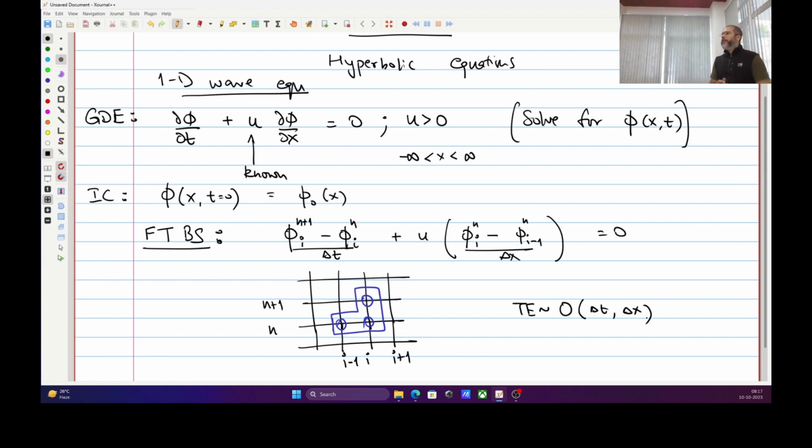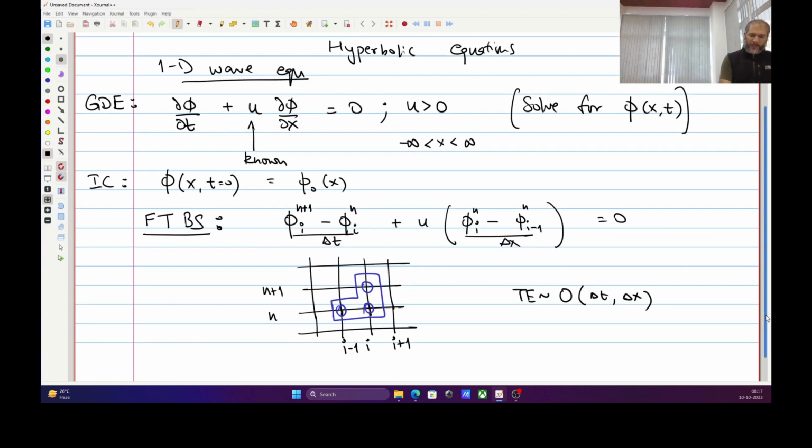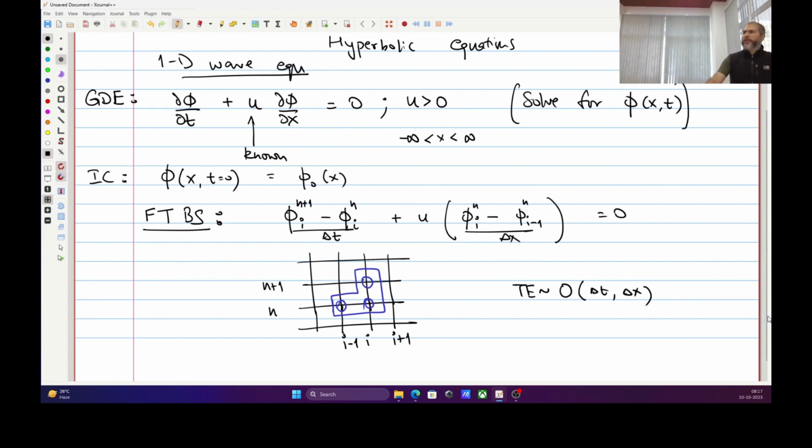So if you combine them, we can guess that it becomes order delta t, delta x. So that's the truncation error for this case. Well, not an amazing scheme in terms of truncation error or accuracy, but it's a good start. So what's the next thing we'll want to check? Stability.